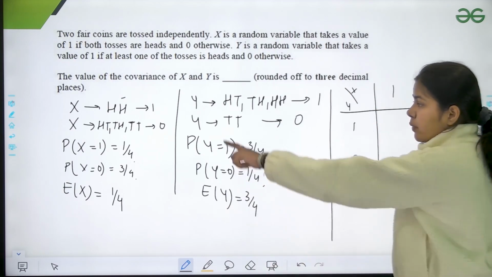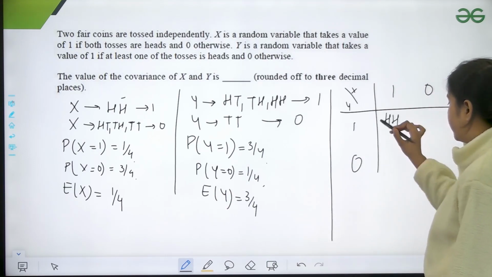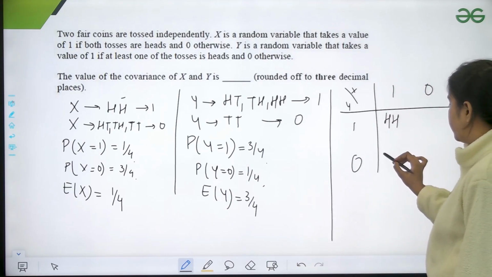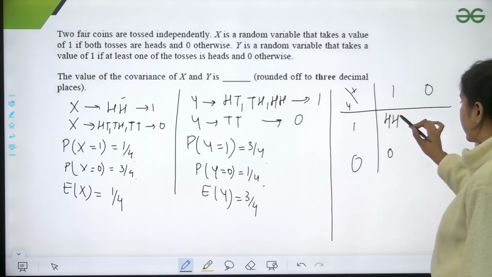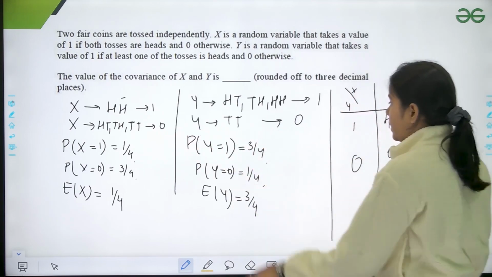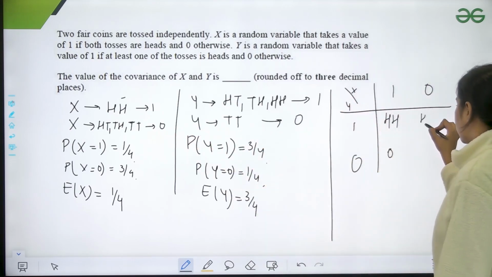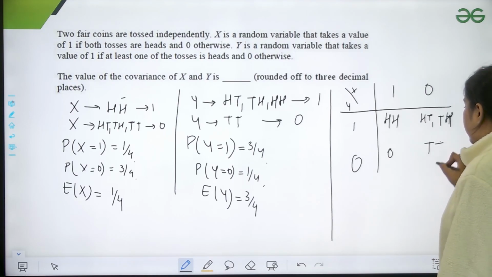X is 1 and y is 1 when we have head head, right? When x is 1 and y is 0, it is in 0 cases. X is 0 and y is 1, so we have two cases here, head tail and tail head, and in this case we have tail tail.